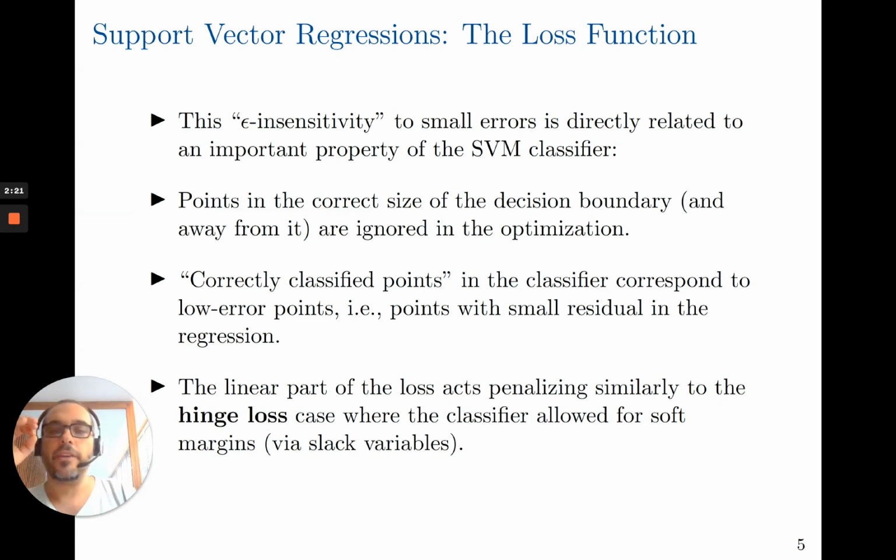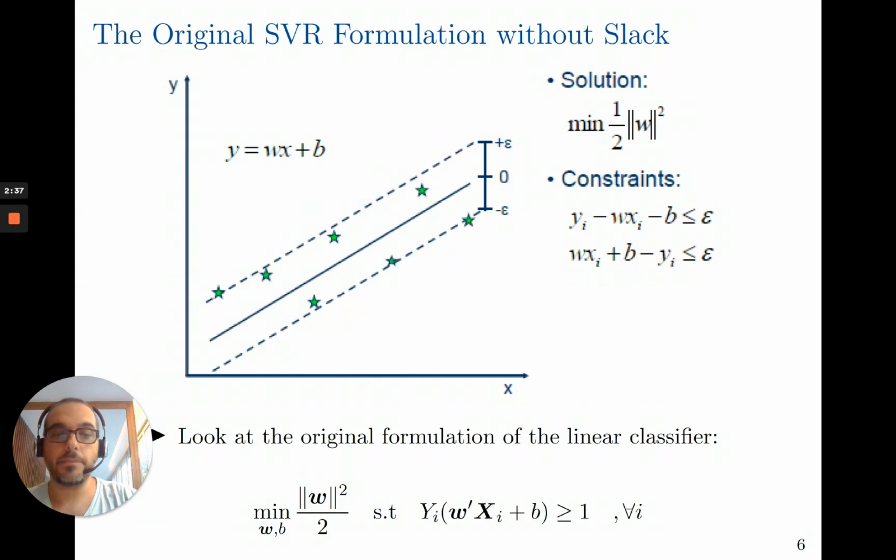So the key thing is also the last bullet point in the slides, that the linear part of the loss function acts like penalizing in a similar way to the hinge loss, where we have soft margins via the slack variables. So you have here the linear line, and you have the points like the stars here.